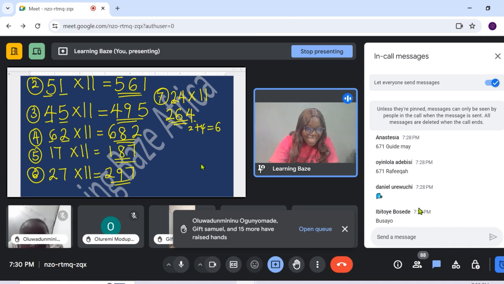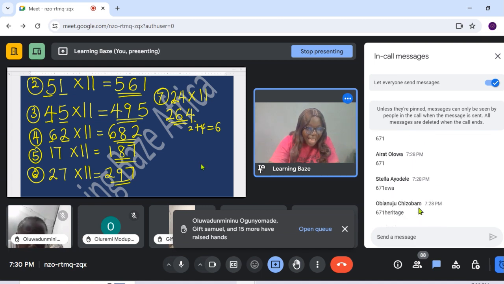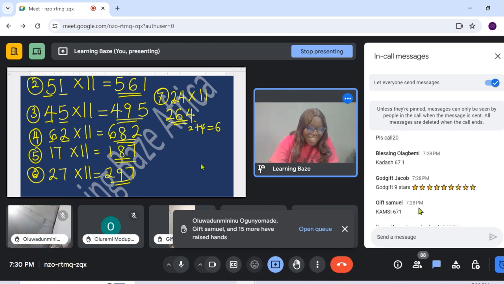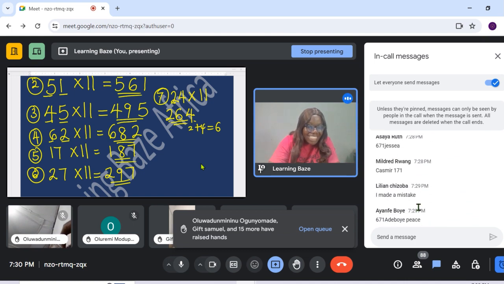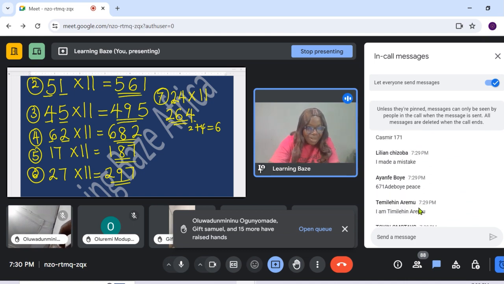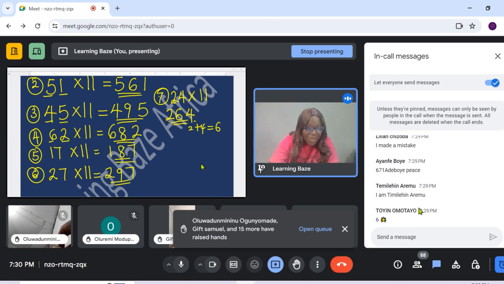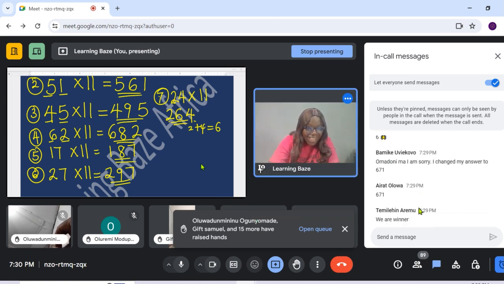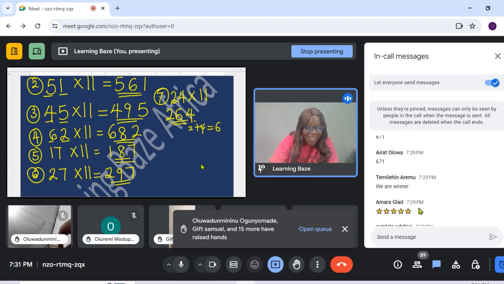Guide May, correct. Rafika, correct. Busayo, correct. Osasenaga, correct. Treasure. Irat Olowa, correct. Ewa, correct. Heritage, correct. Kadash, what happened? Correct. Okay, Kamsi, Naomi, Jesse, Kashmir, Adeboye, Peace, Timileyin Aremu, okay. Okay, all right. So Madonna, correct now.